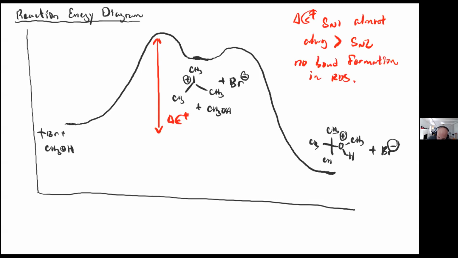The second thing that I want to point out is that we're making a carbocation, and so that should alert you to potential rearrangements, right?